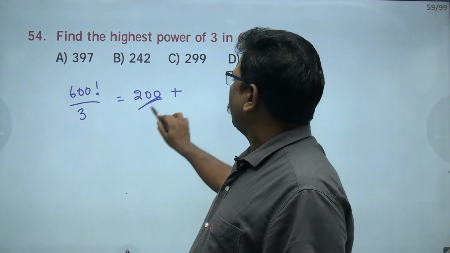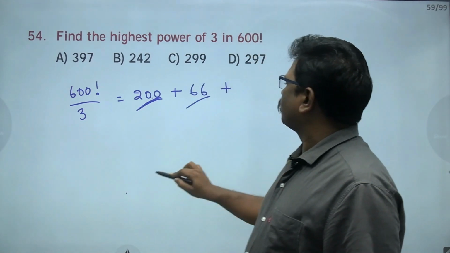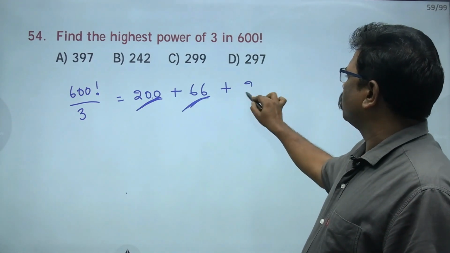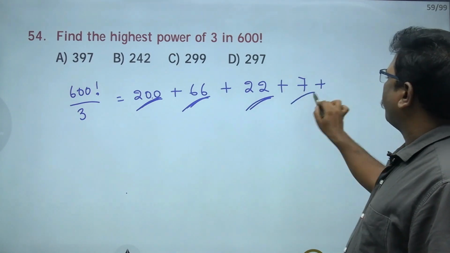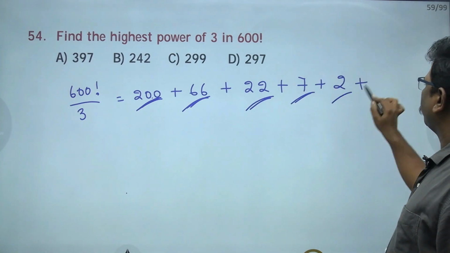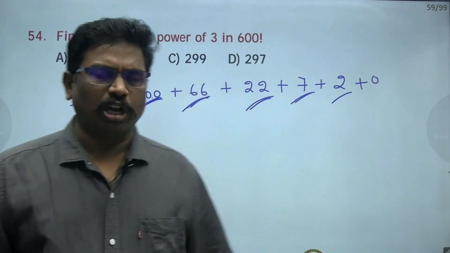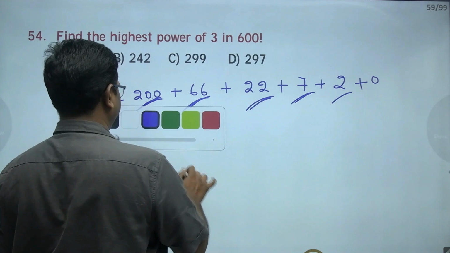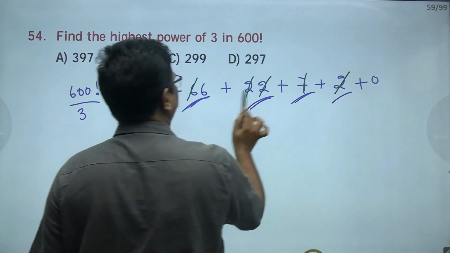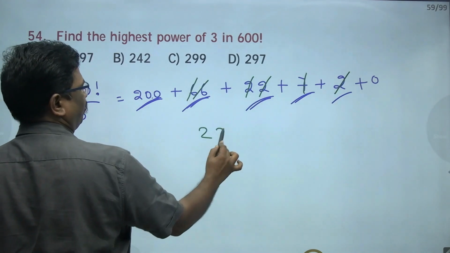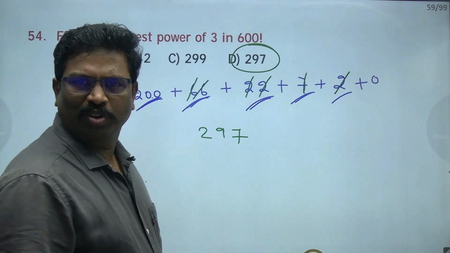By 3 is 66, by 3 is 22, by 3 is 7, by 3 is 2, by 3 is 0. That's all over. Clear? Now look, observe. Adding 200, 66, 22, 7, 2 gives 297. That's your answer, 297. Clear?